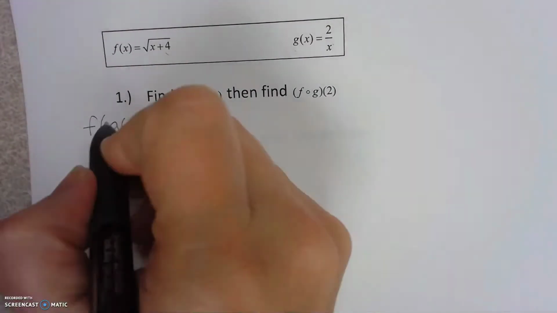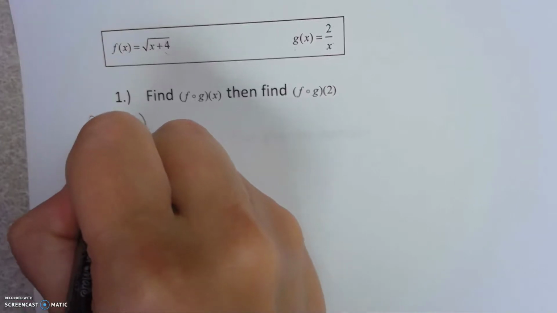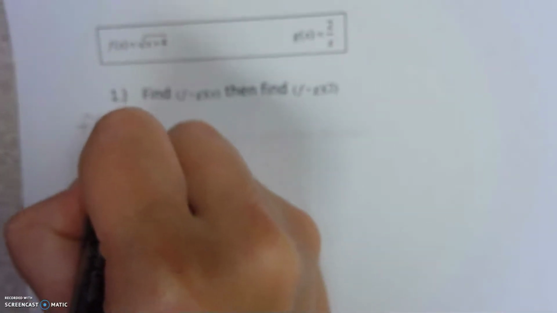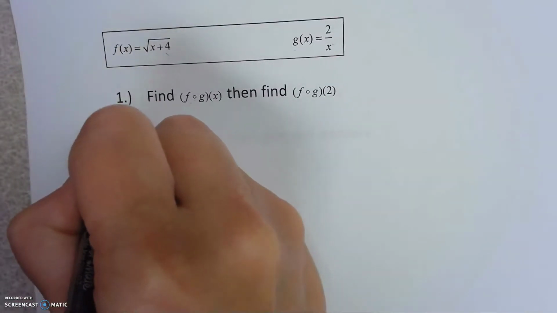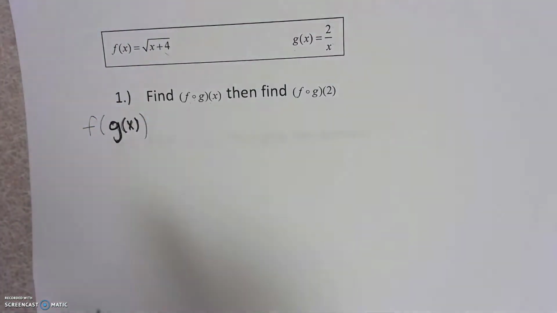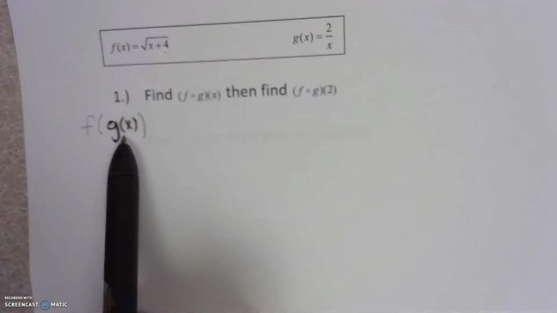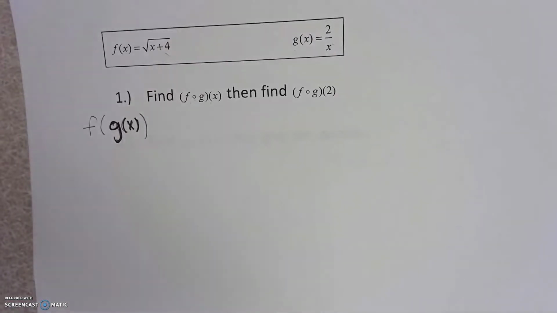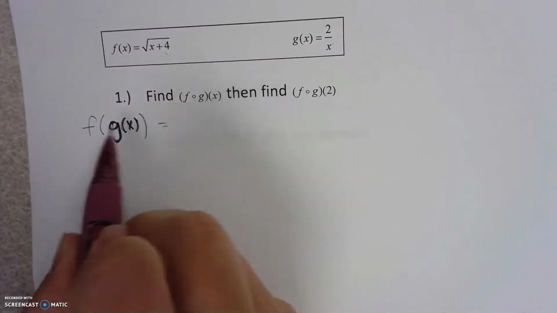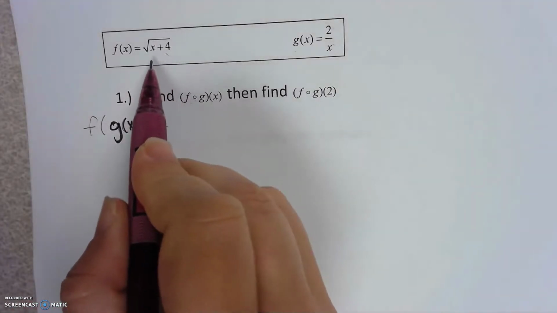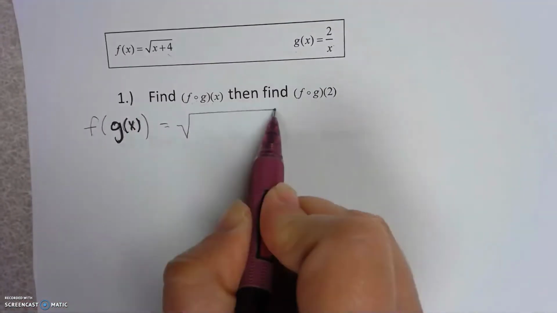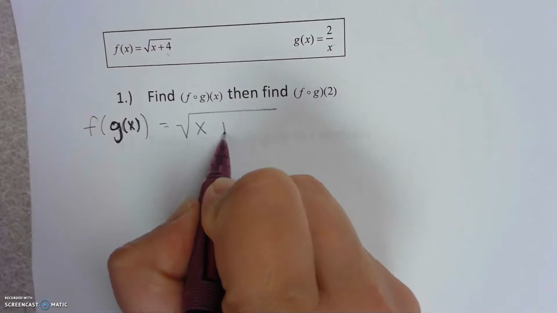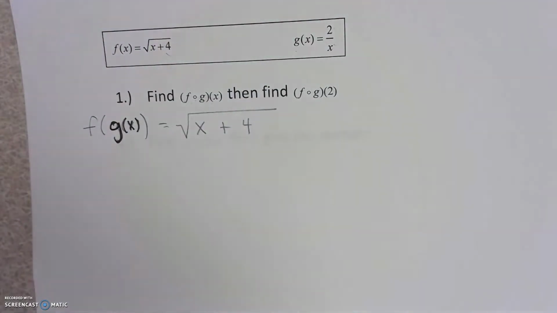So we're going to take the function g and plug it into the function f in place of x. I would take the function f, which is the square root of x plus 4, and write it out. Square root of x plus 4.